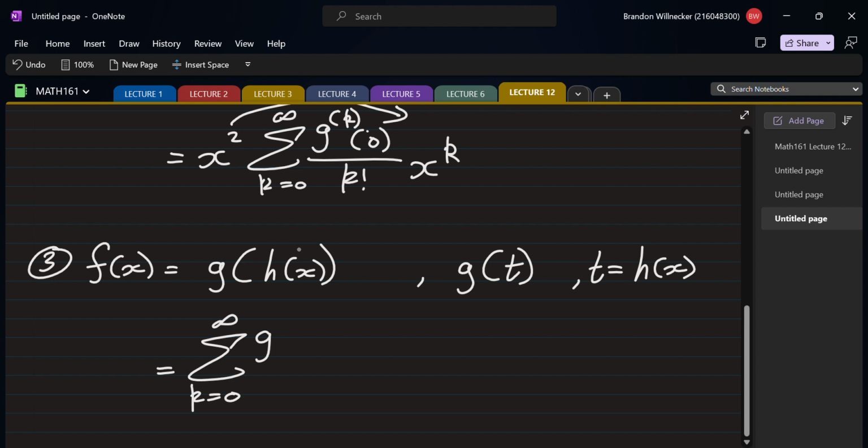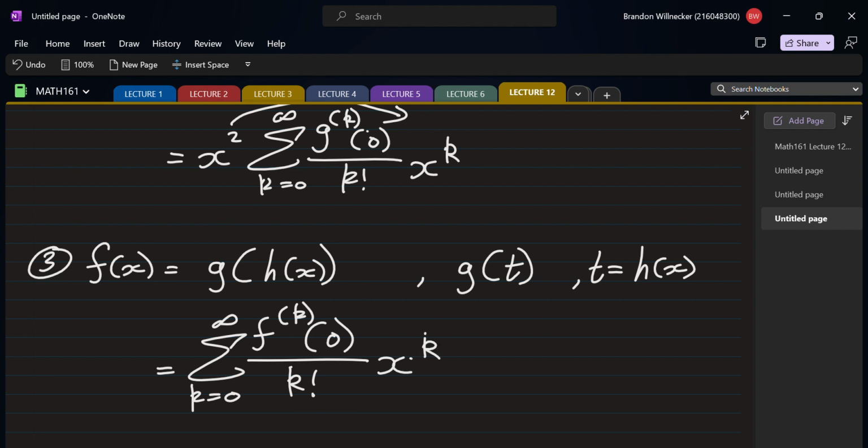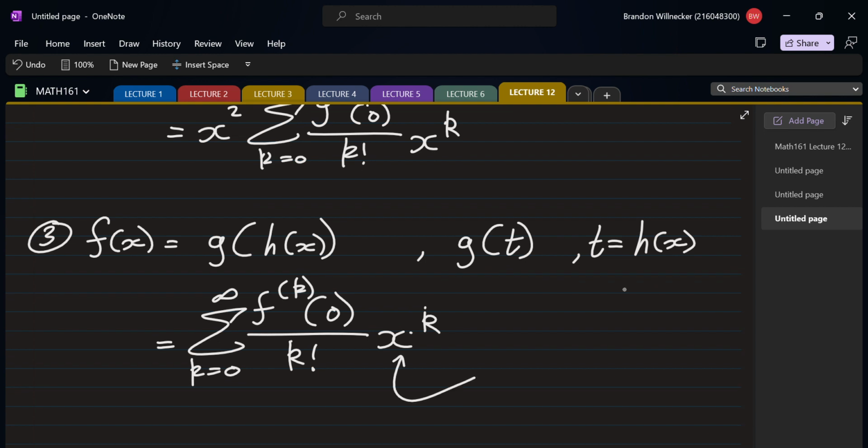So it will be g, kth derivative, substitute in, actually here this will be f, kth derivative at 0, again just for simplicity, over k factorial times x to the k. But here, when we have this x to the k, you need to think of this as substituting in my h of x. So this bit over here, we need to substitute in there.